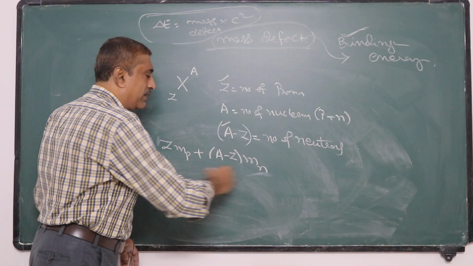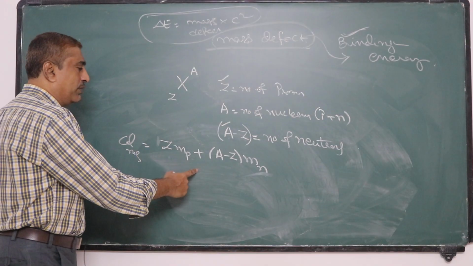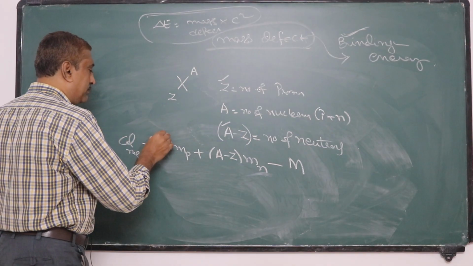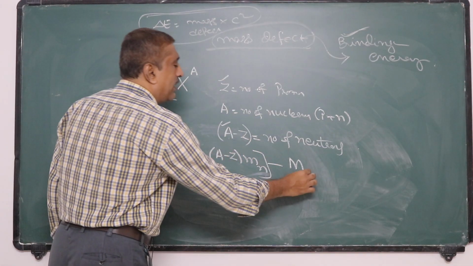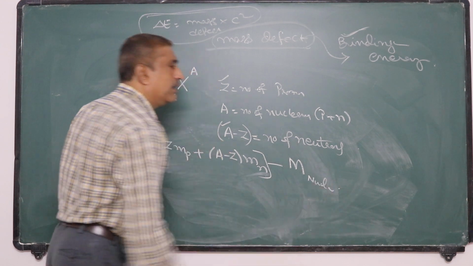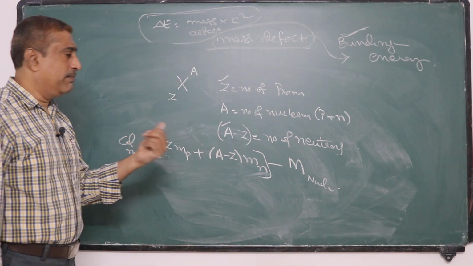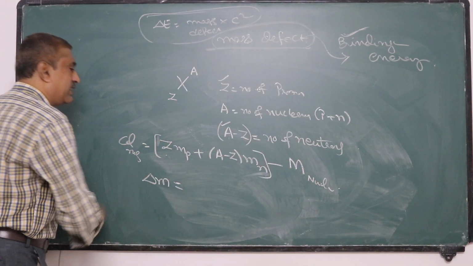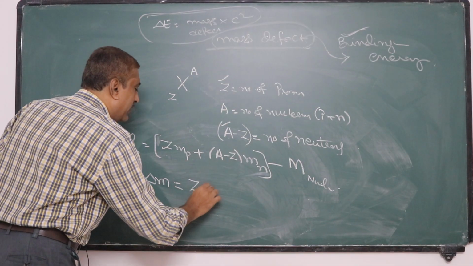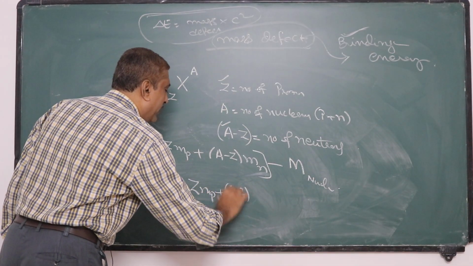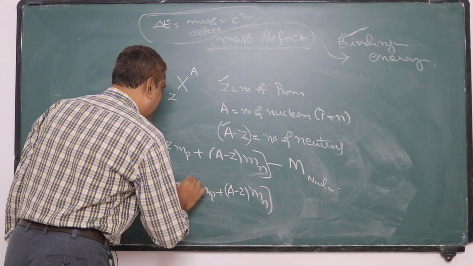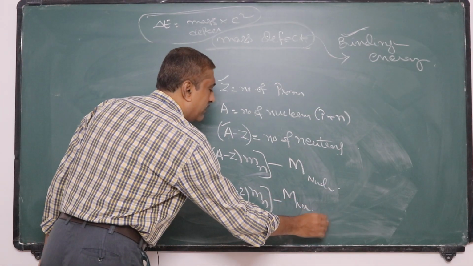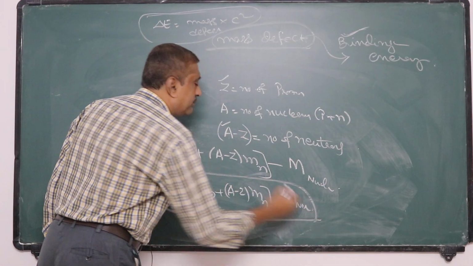And if capital M is the mass of the nucleus as measured by a mass spectroscope or mass spectrograph, then the mass defect Δm is equal to Z Mp plus (A minus Z) Mn minus the actual mass M of the nucleus. So this way we can calculate Δm.